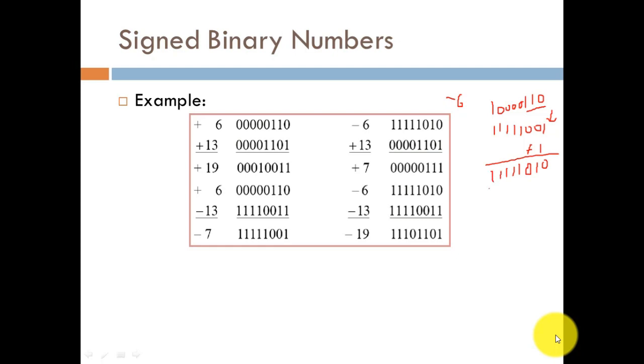So if you closely observe, this is how we have obtained the 2's complement of 6. So this is basically representing your minus 6, and plus 13 we had already seen. So this plus sign is represented by this 0 and this is signifying the magnitude 13. So we will simply perform this addition operation.